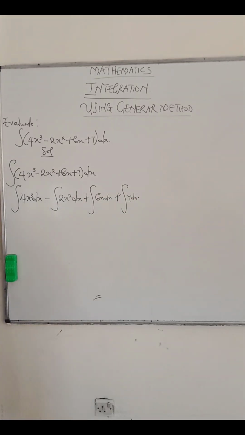Is that not so? Since you have split it into different forms, the s is multiplying 4s cubed, 2s squared, 6s, and what is over here.